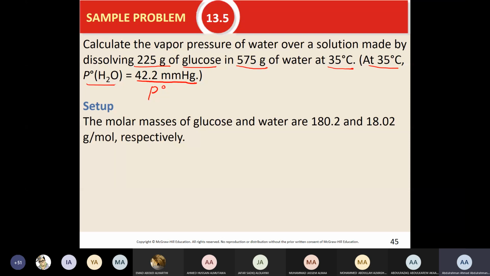Okay, what's required in this question? We want to calculate P1. We don't know P1, which is equal to X1 times P1 zero. Okay, go ahead, solve the question and tell me what you are going to do.